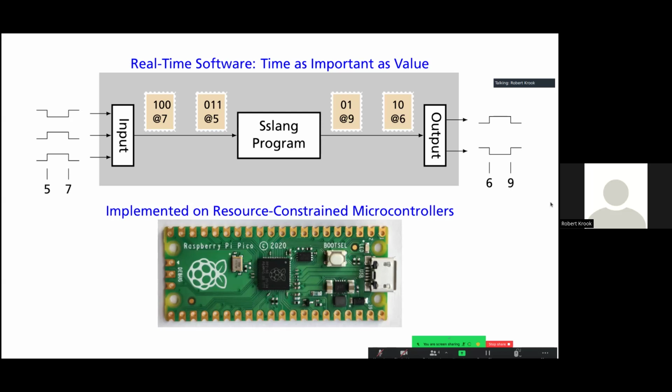All of this information gets fed into our program here, and I'll talk much more about what goes into this box. One of the things it generates going out are time-stamped outputs that similarly will come out with precisely timed stuff. Furthermore, the goal here is to implement this on resource-constrained microcontrollers.